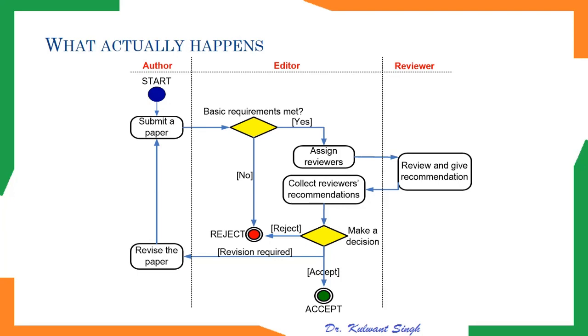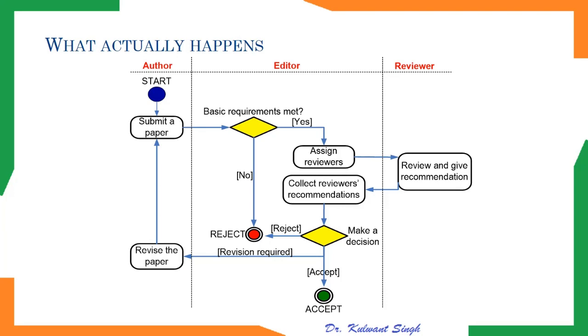So when we are thinking of publication in a good journal, we have to check the basic requirements of the particular paper. So you have to format your paper as per the requirement of the journal.